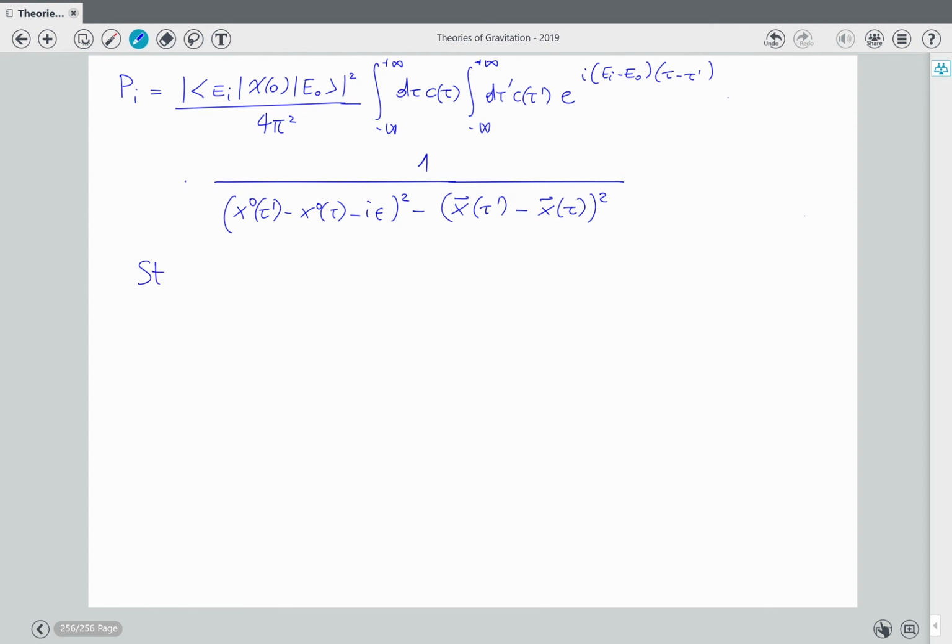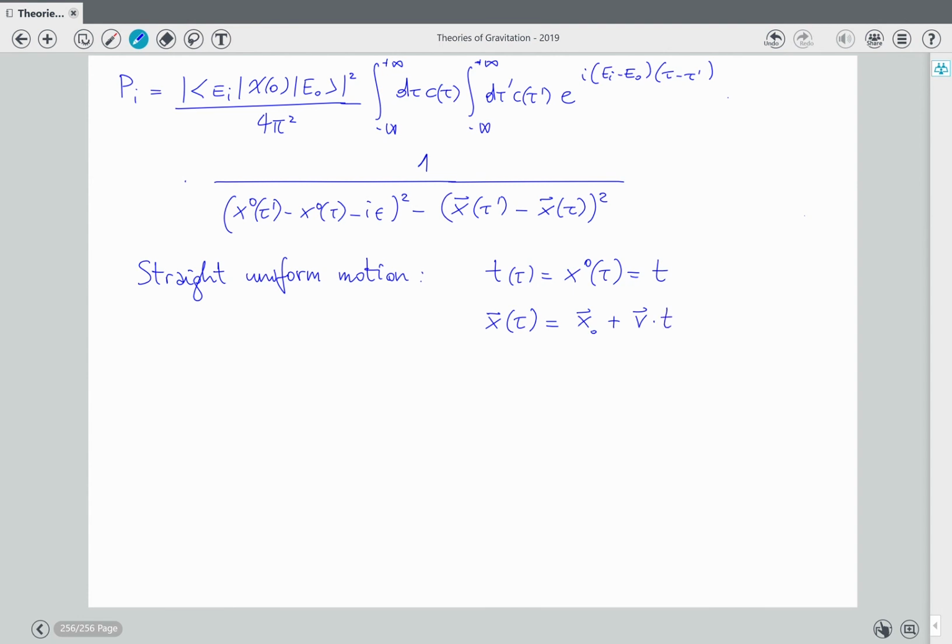So, straight uniform motion. What does that mean? Well, first, the proper time is time. And the trajectory x of tau will be x0, some initial position, plus some constant velocity times t, or tau, which is the same.